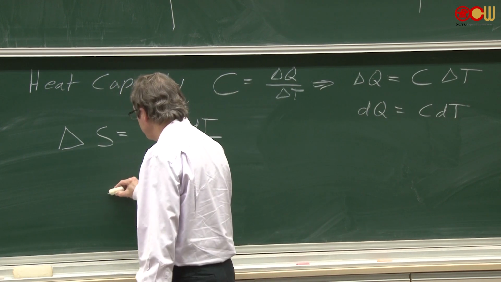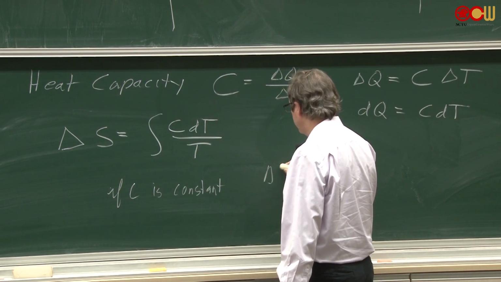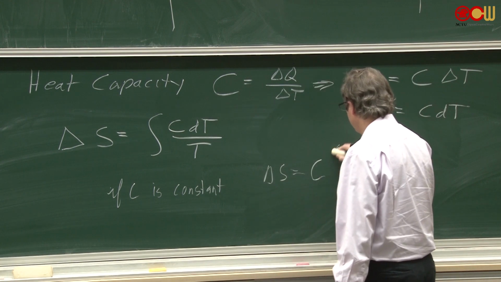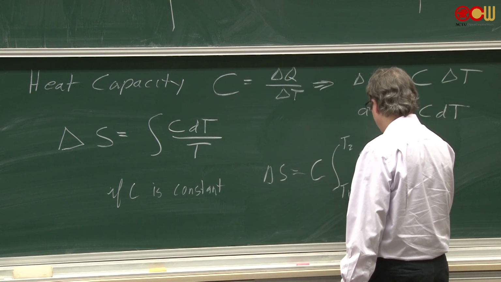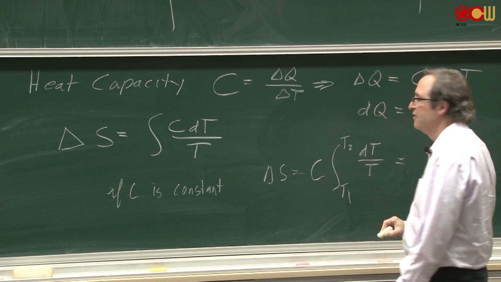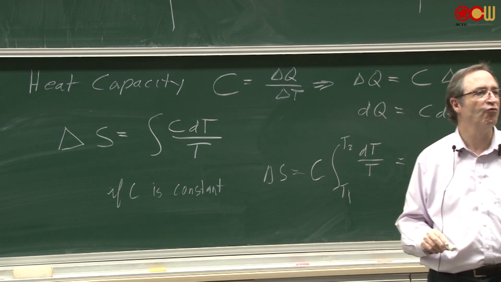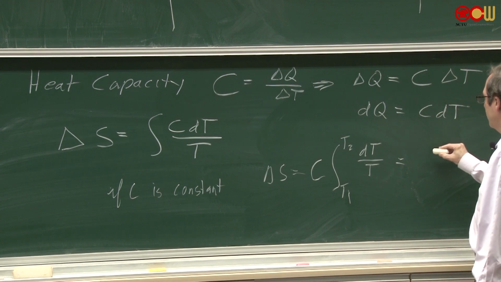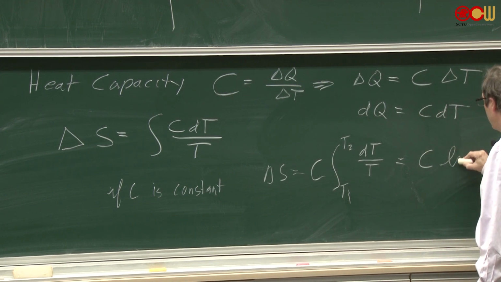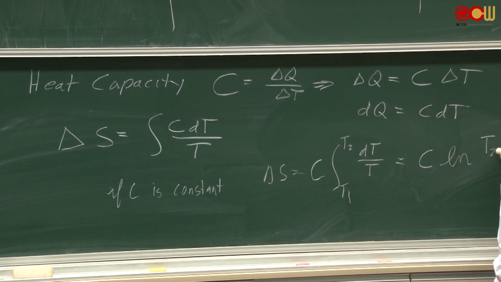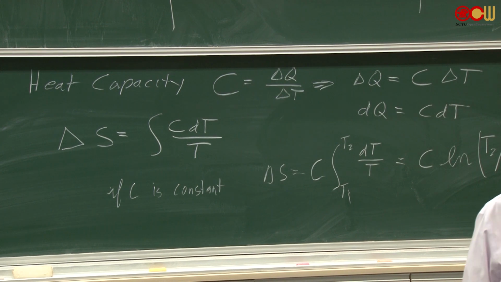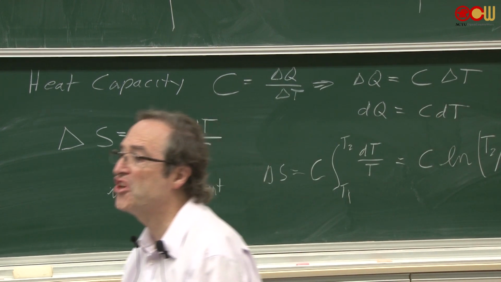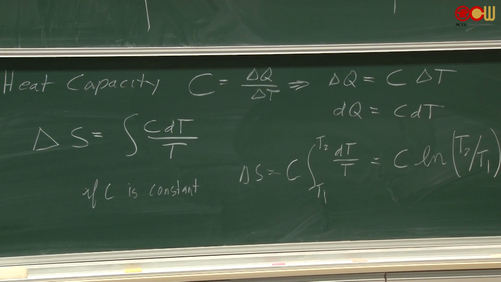If C is constant, then we get delta S equals C, the integral from T1 to T2, dT over T. And do you remember what the integral of 1 over T is? It's the log, so we get log T2 divided by T1. All right, so there's an example of how we can compute the change in entropy.